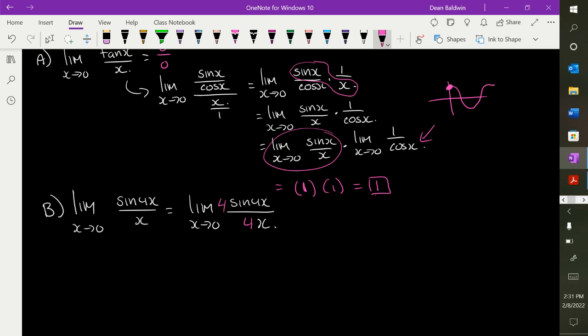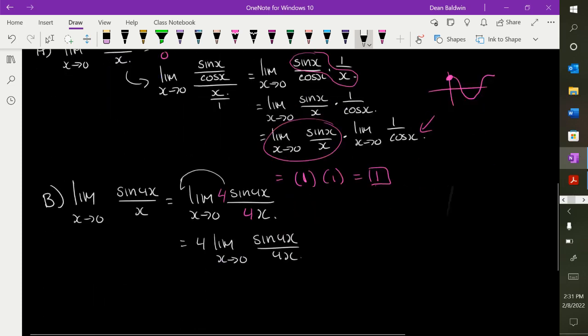Now, using our fact that we can pull constants out of a limit, I can pull this 4 out. And I get this. Now, this looks very similar to what we have up here, except we got these 4s.